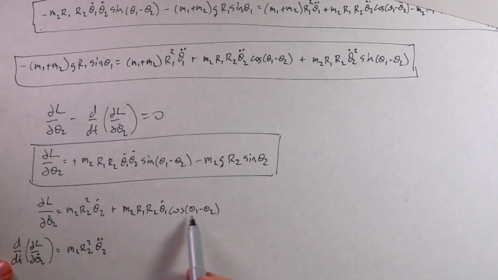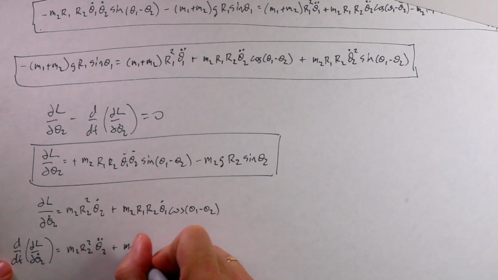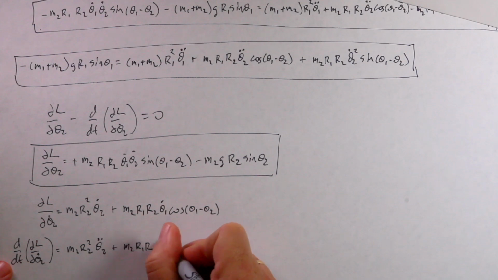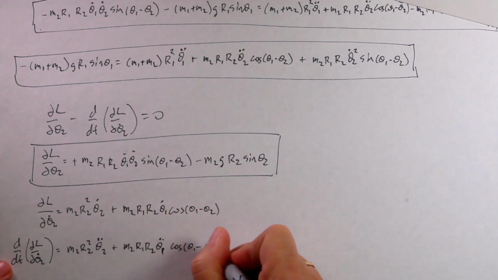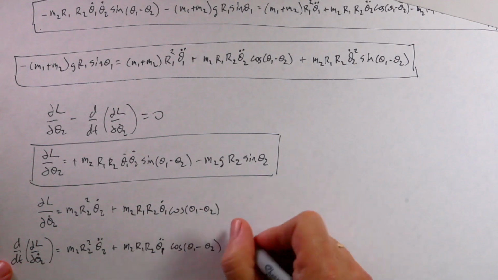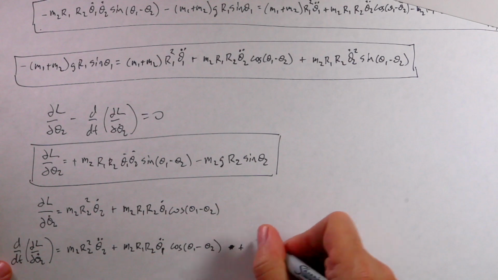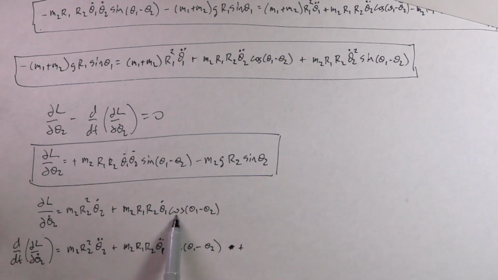Now over here I have again 2 terms, so I'm going to take the derivative of theta 1 and I get plus m2 r1 r2 theta 1 double dot, cosine of theta 1 minus theta 2. Now I have to take the derivative of this, so I get plus, actually it's minus, actually it's plus. Don't do that, okay? Don't. So I said you're going to take the derivative of cosine, which is negative sine, so it's negative.